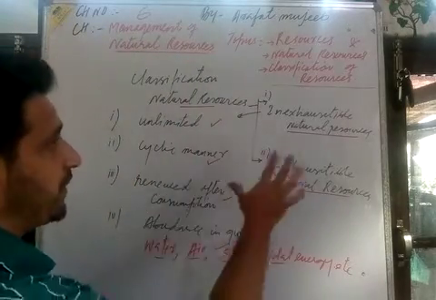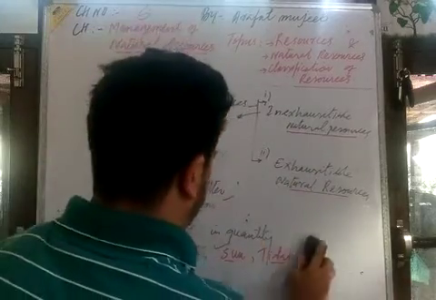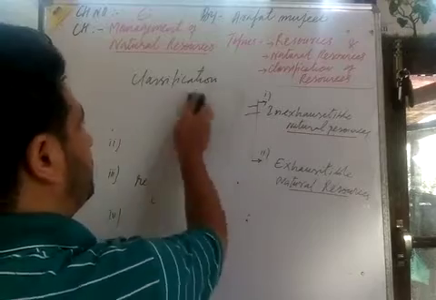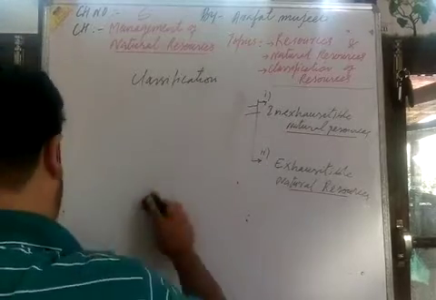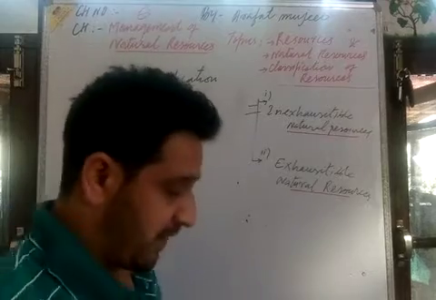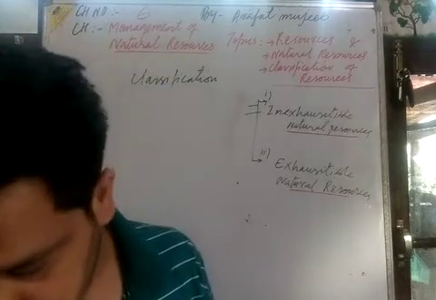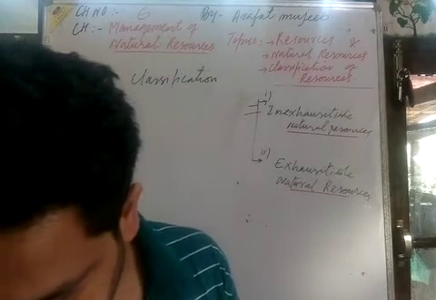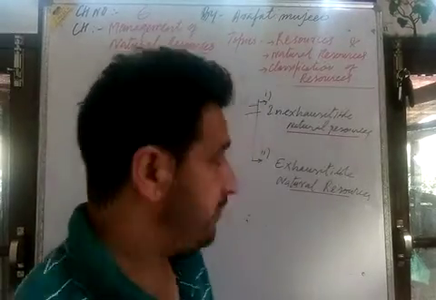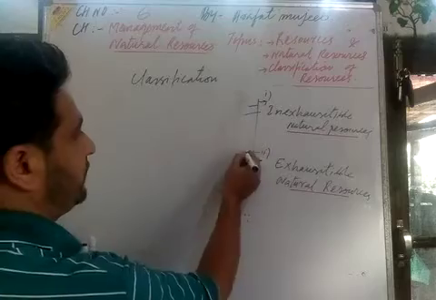These are the inexhaustible natural resources. They are never exhausted on the surface of the earth because they are unlimited and because they have a cycling process, and that cycling process is regulated naturally.